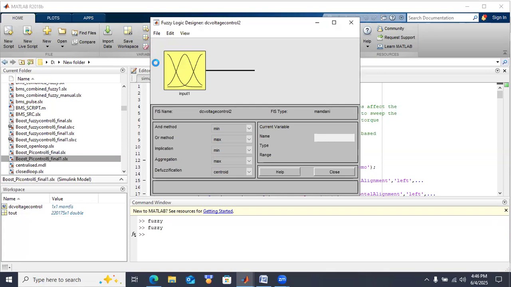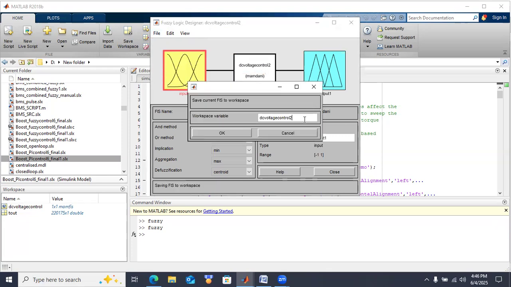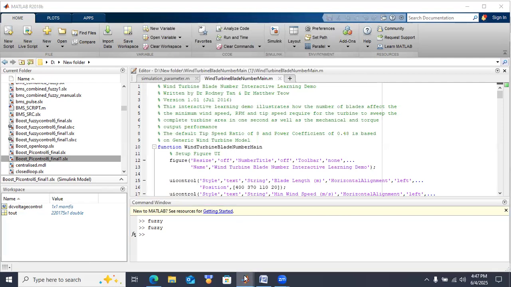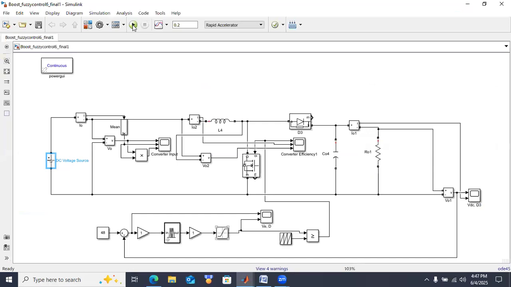Okay, now it is loaded. Then we have to export it to the workspace in order to run the simulation. Here the name should be DC voltage control. Okay, we have exported to the workspace. After that, we have to run the simulation.